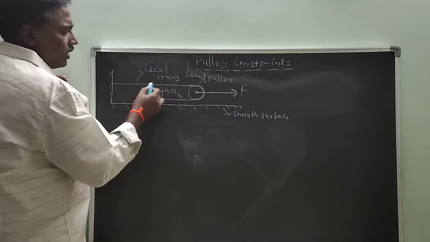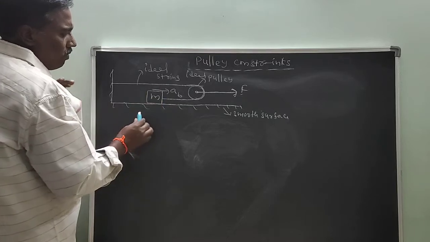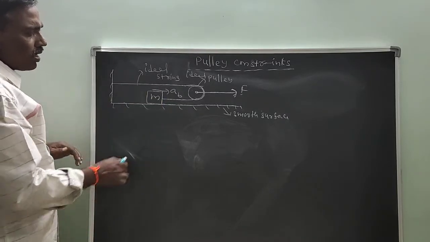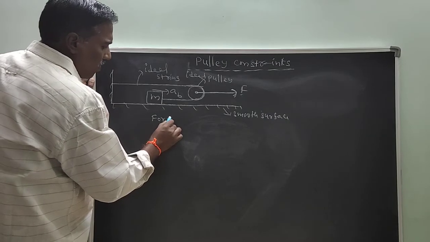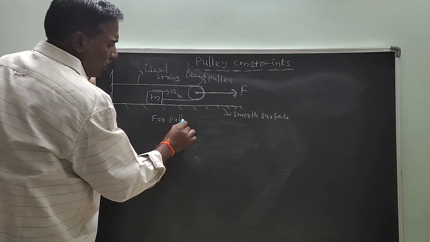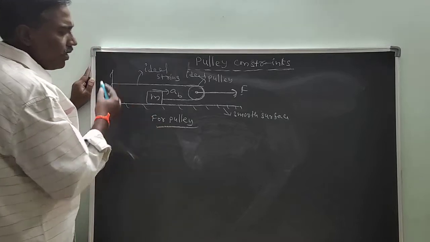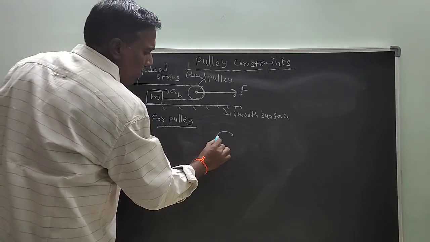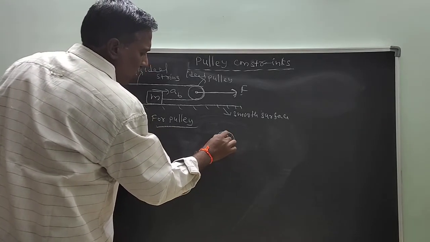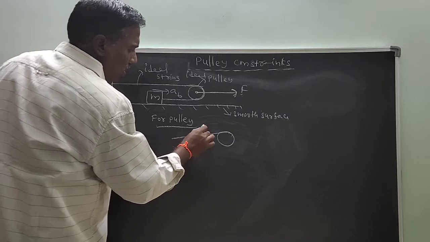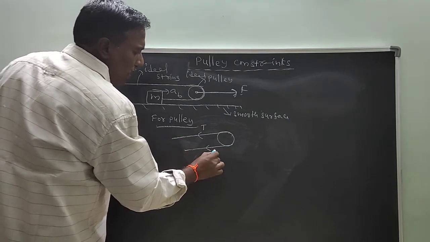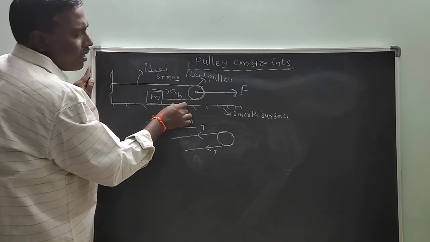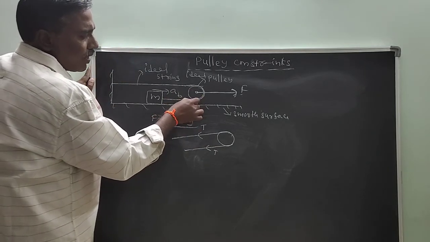So now to find the acceleration of this block, what are the forces acting on the block and pulley? For the pulley, here tension T. When the pulley is ideal, tension on both sides is the same because there is no friction.